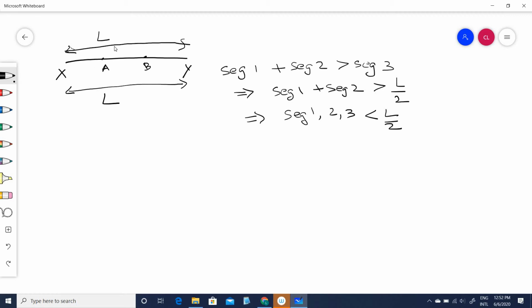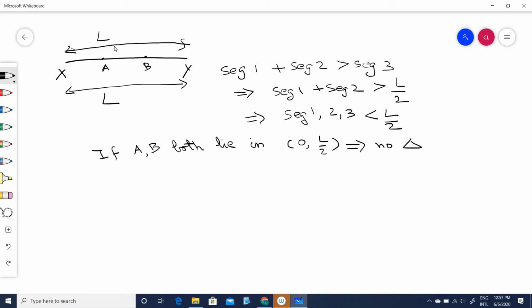Now the difference is that when we choose the 2 points A and B, we can straight away notice that if A and B both lie in the interval 0, L by 2, it implies no triangle.